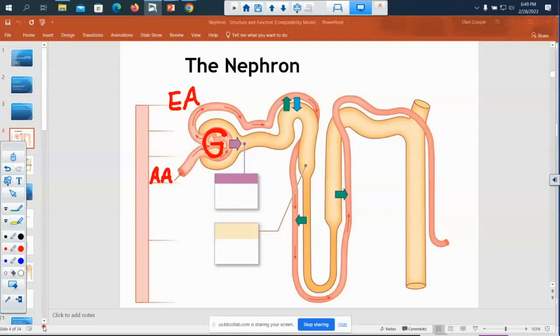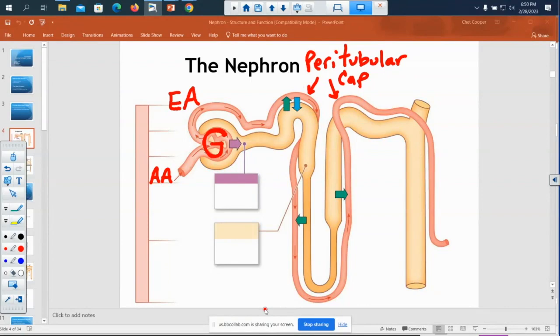So these tubes here, all of these tubes here, all around there, they're capillaries that surround the tubes, so they call them peritubular capillaries.